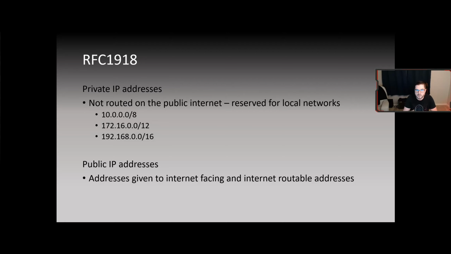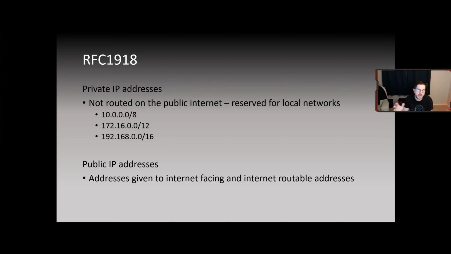So if you were directly connected to the internet and you didn't have a local area network and you tried to reach an IP address in any one of these 3 network ranges, it's not going to work. That's specifically because those are reserved for corporations, enterprises, and local home networks.